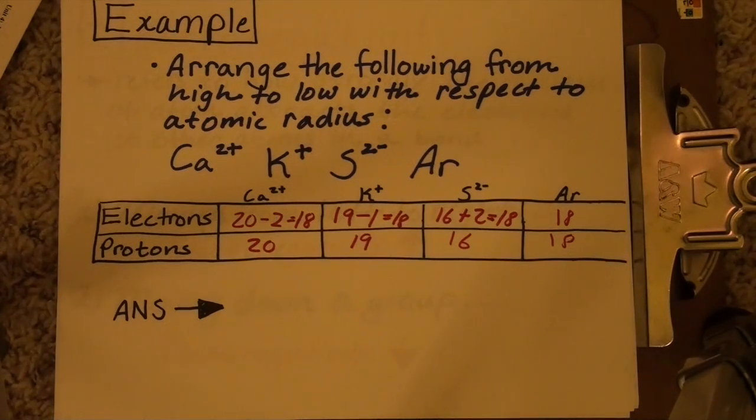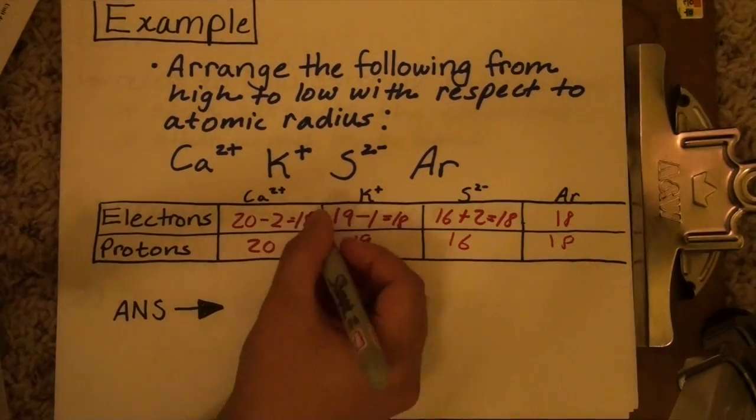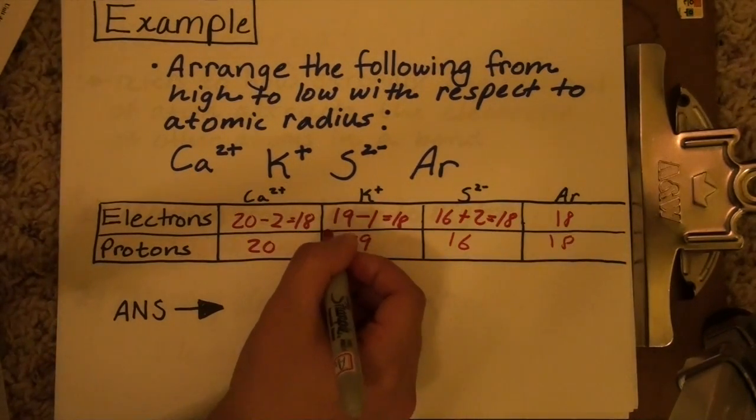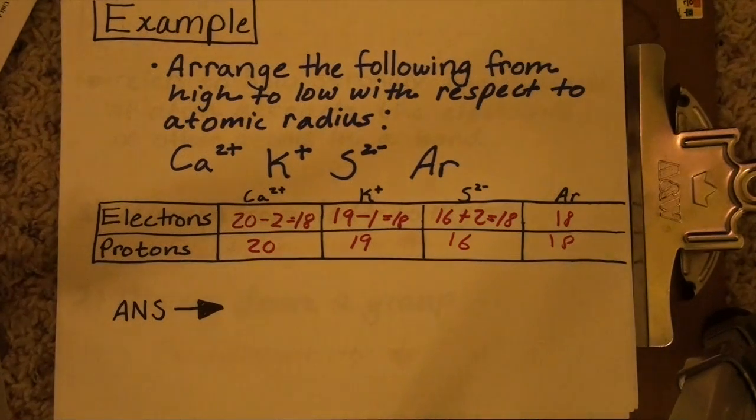So if we're going to arrange these from high to low with respect to atomic radius, we notice that all the elements have the same number of electrons, so they are isoelectronic. Therefore what causes one element to be larger or smaller is determined by the number of protons.